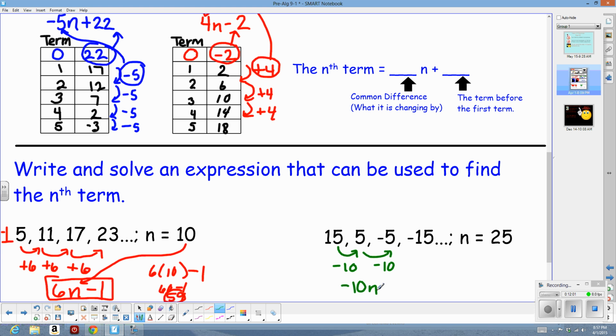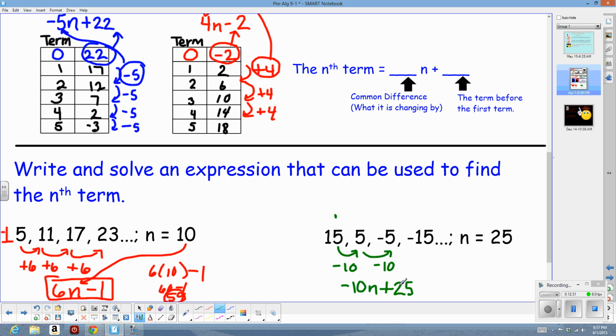Now we have to figure out what else needs to be done. -10 times the first term is -10, but I'm supposed to be at 15. And then -10 times 2 is -20, and I'm supposed to be at 5. It looks like we are going to be adding 25 every time.